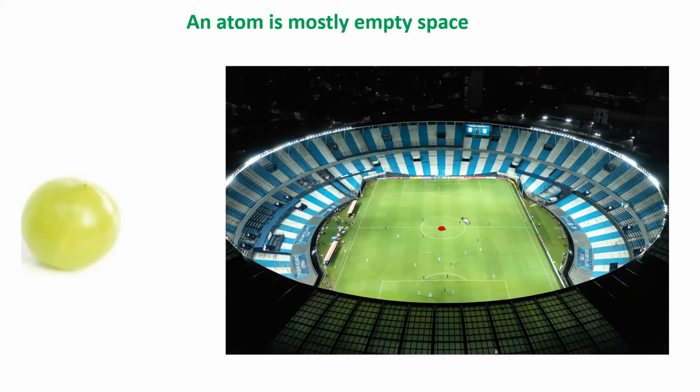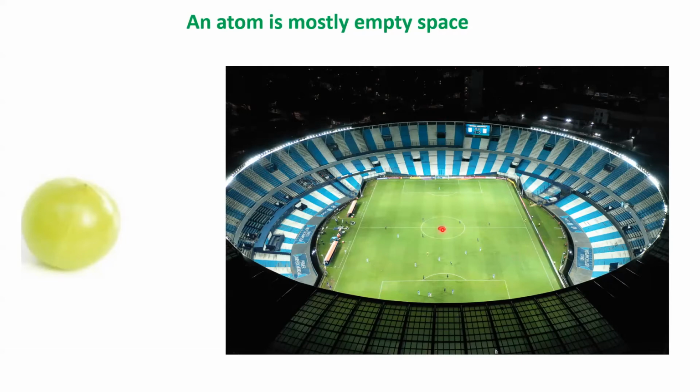Consider this fruit as the nucleus. And if this is the nucleus, this whole empty space is the rest of the atom. So this is the idea Rutherford came up with, that the atom is mostly empty space.